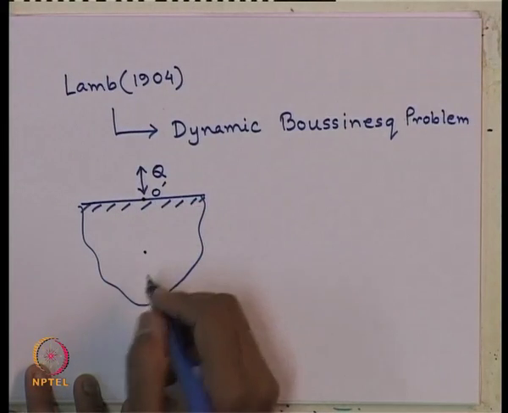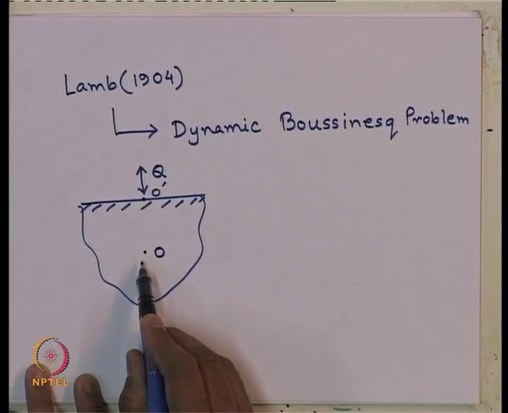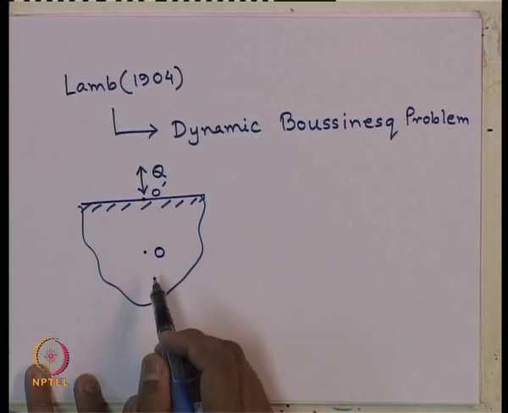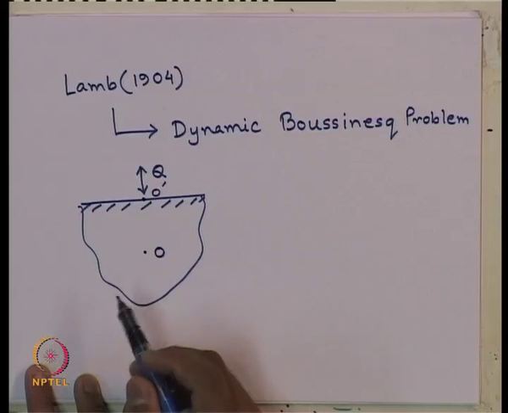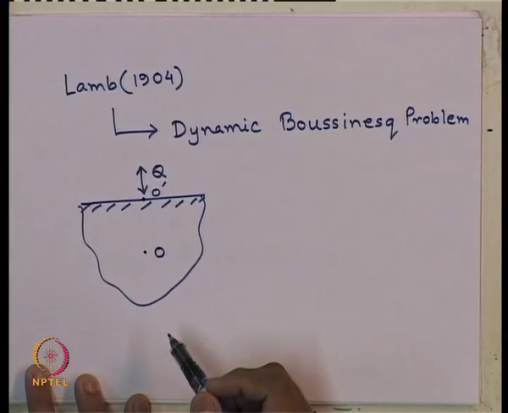It has been shown how the load or its effect can be transferred to any point within the soil mass, and what different stresses are going to get developed because of that dynamic loading.